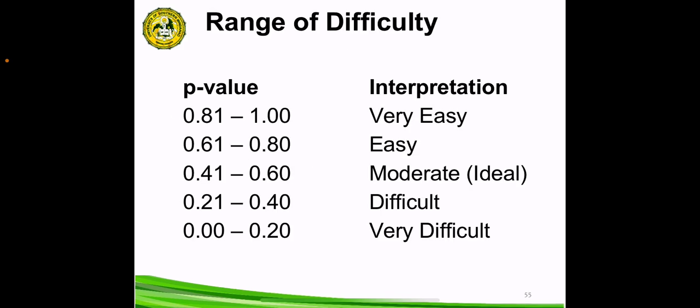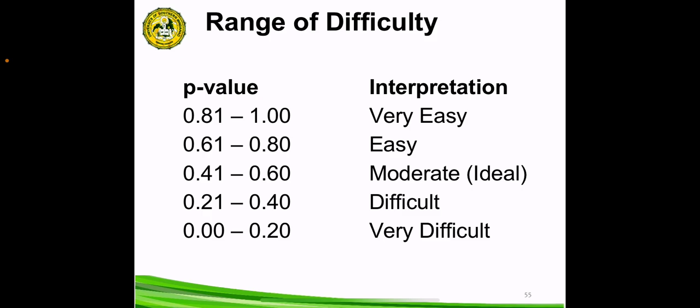Next, I'm going to show you the index range for level of difficulty. So, if the p-value is 0.81 to 1.00, the interpretation is very easy.